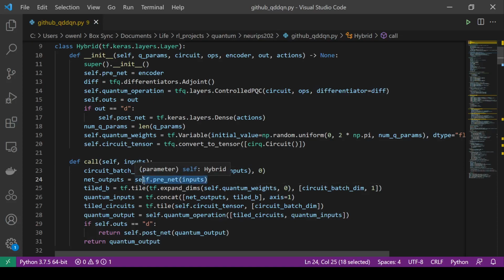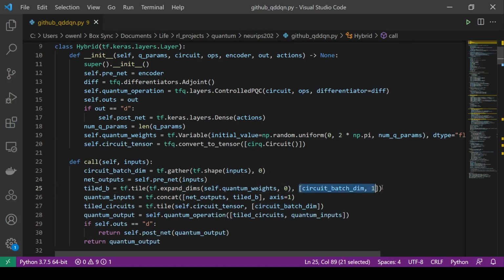So we have our classical neural network encoder, right? So we feed it the inputs, which is the frame stacks directly. Then I guess I expanded dimensions here, right? This operation is actually unnecessary if I just put a 1 right here. I did 1 comma, but I don't want to break anything. So I'm just going to leave it. But yeah, this is unnecessary.